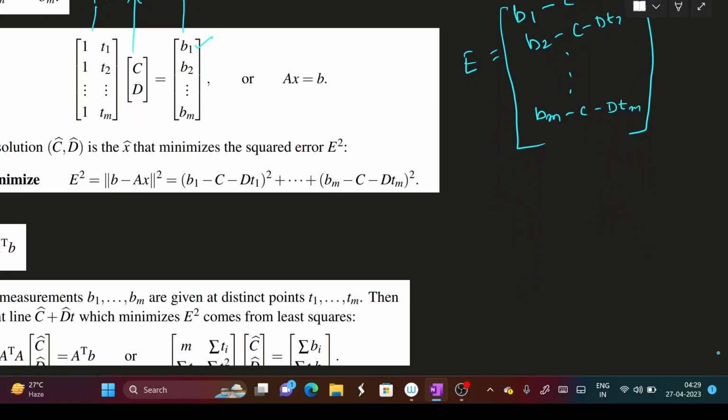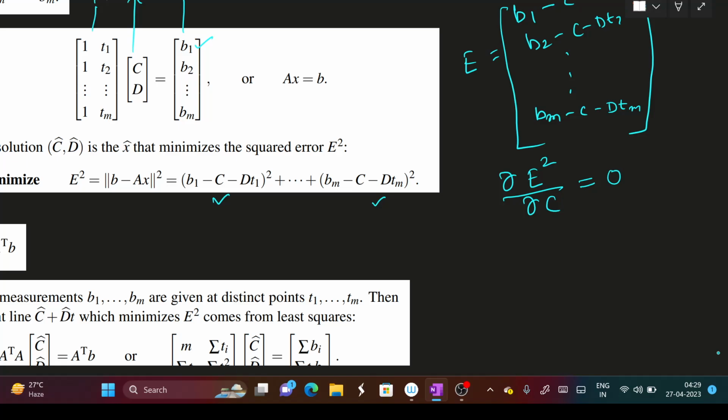Here also we can use calculus to find C and D. Observe that the function is a function of C and D. If we find dou E square by dou C equal to 0, we will get the extreme value.